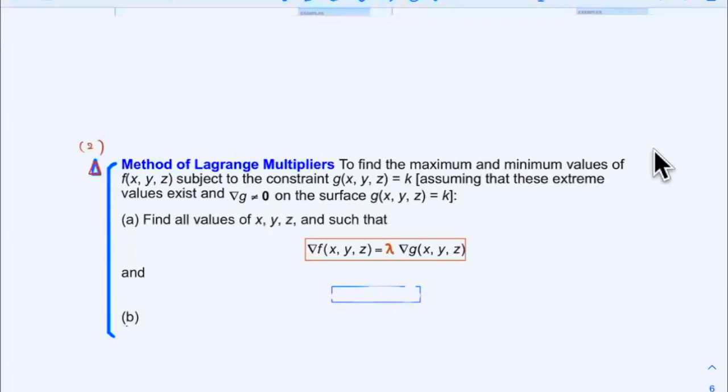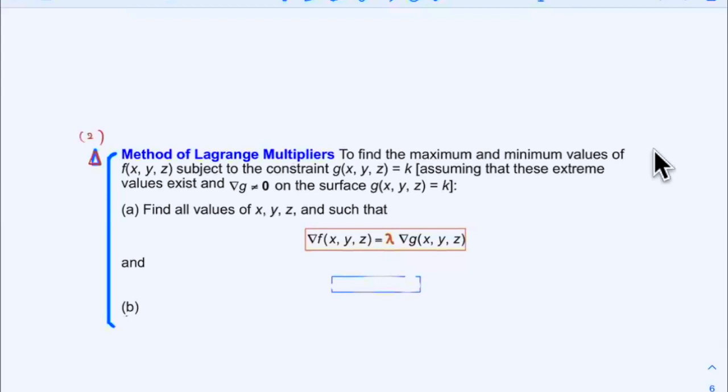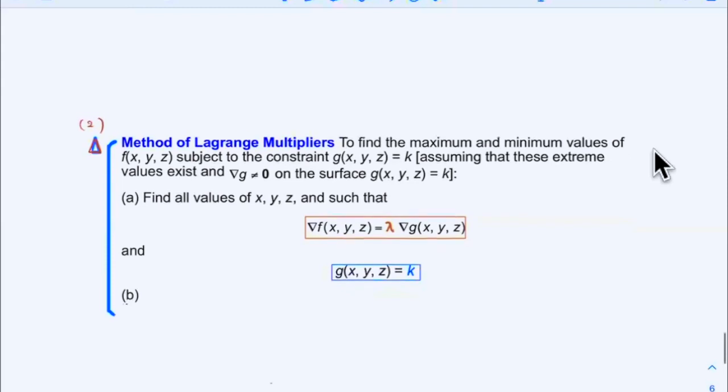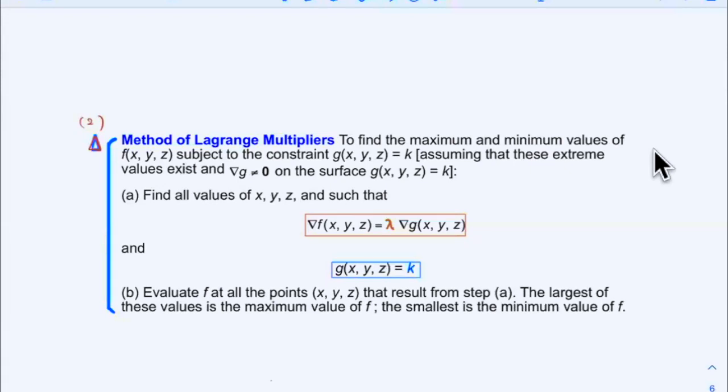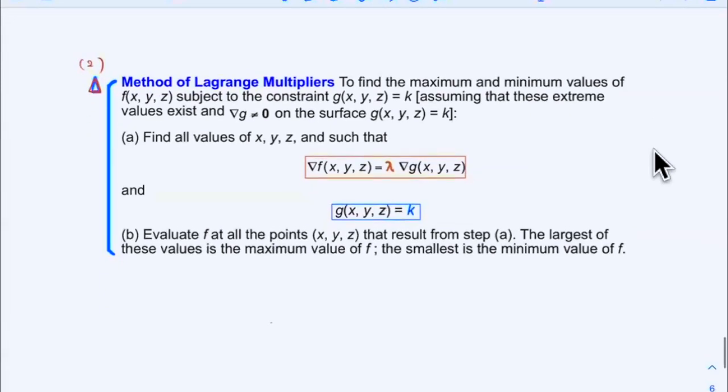Then you try to find all those x, y, z that satisfy the gradient of f equal to lambda times the gradient of g, and also satisfy the constraint. What's the second step? Evaluate the function f at all those x, y, z. And then the largest one will be the max, and the smallest one will be the min. So that's the main idea.